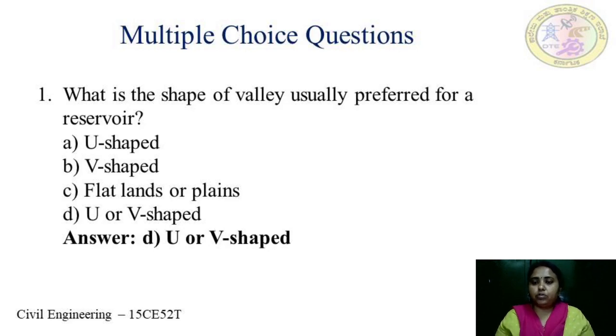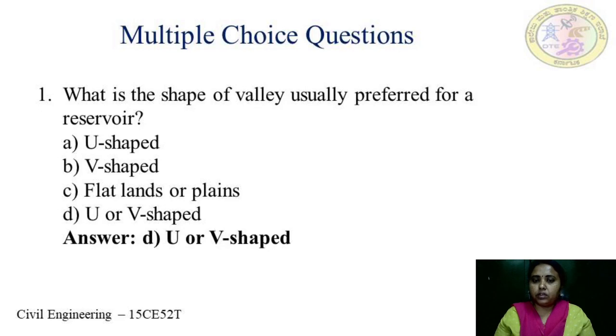So the first question is, what is the shape of valley usually preferred for a reservoir? This you have studied in the previous session. The options are: U-shaped, V-shaped, flat lands or plains, U or V-shaped.